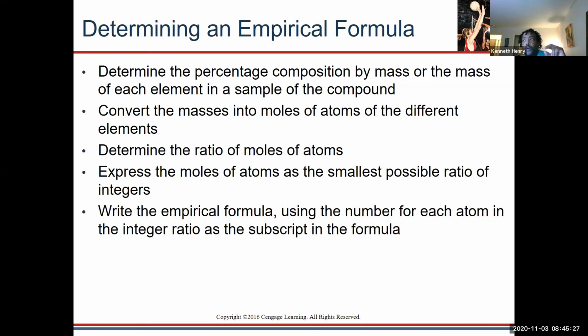Once we convert to moles, we take the smallest one and divide both of our numbers by it, and that allows us to calculate the atoms compared to each other. It's hard to visualize, so let me give you an example.